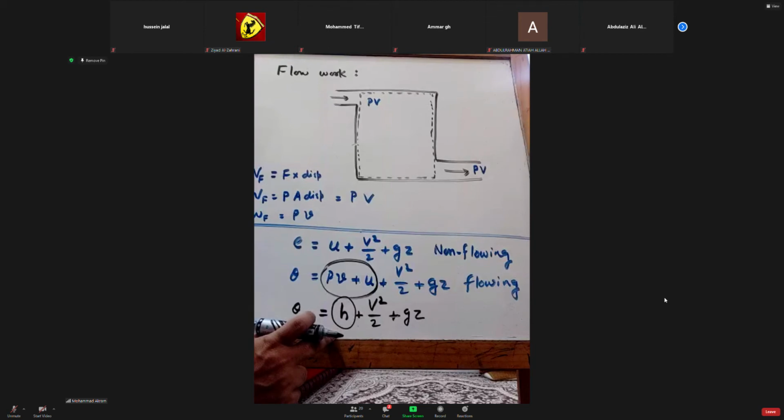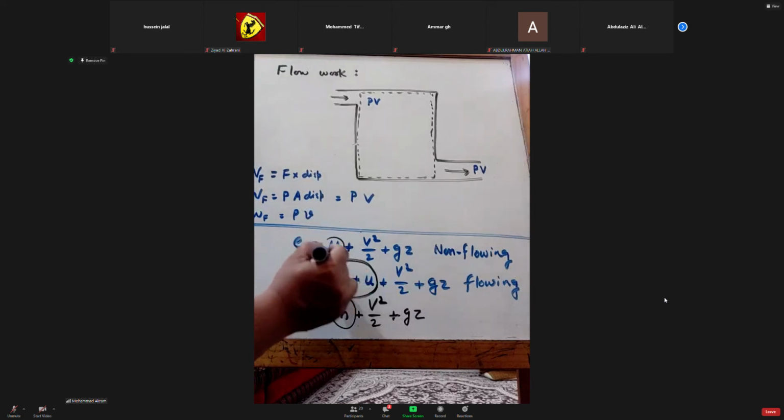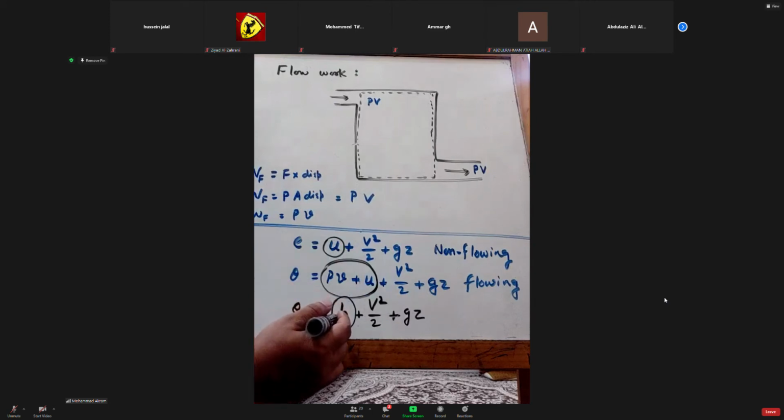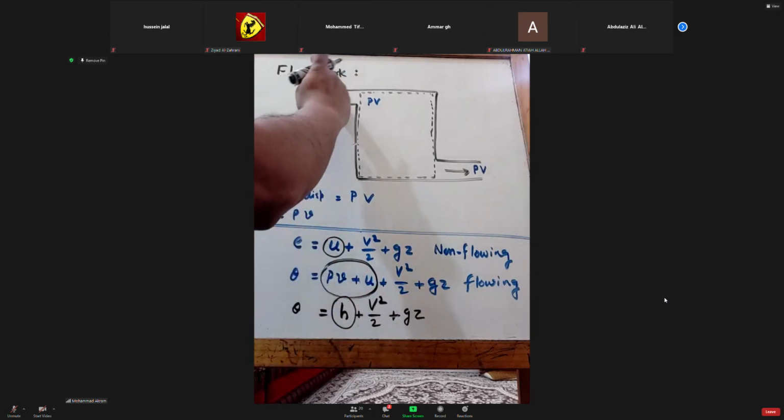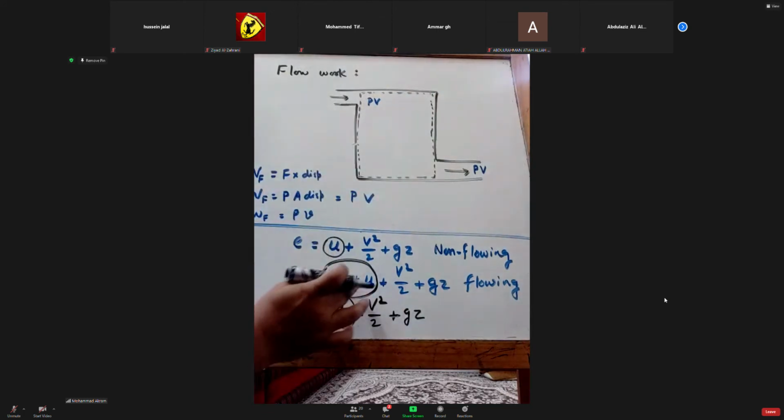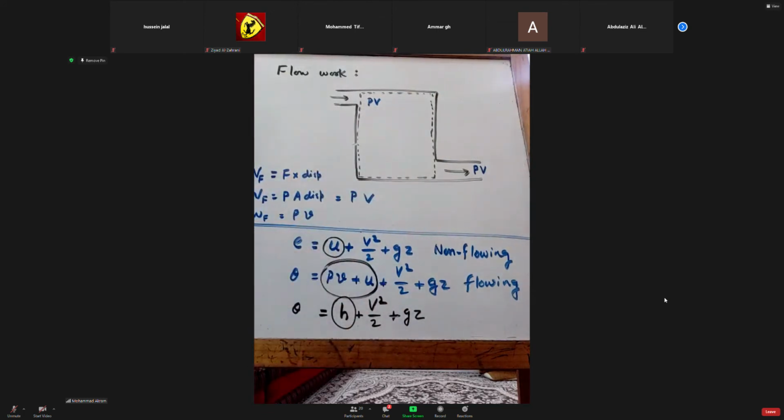If it is non-flow work, then H will become equal to U, since PV is 0. If it is flowing work, that means open system, coming in, coming out, then H will be equal to U plus PV. Please write this down or take a screenshot.